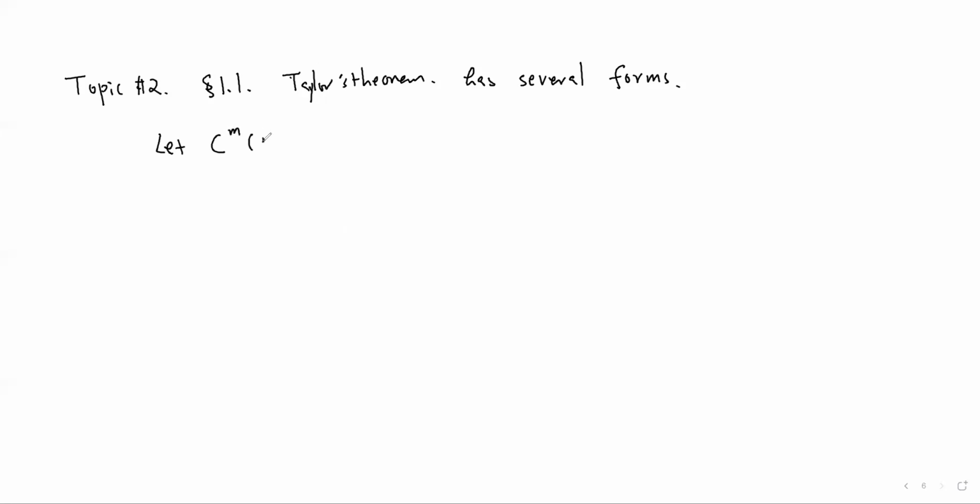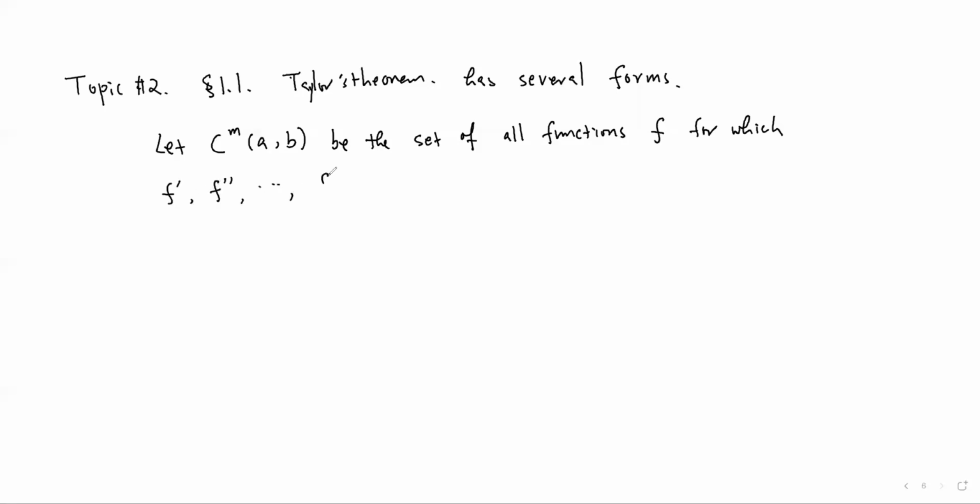C^m(a,b) is the set of all functions f for which the first derivative, second derivative, until the mth derivative all exist and are continuous.